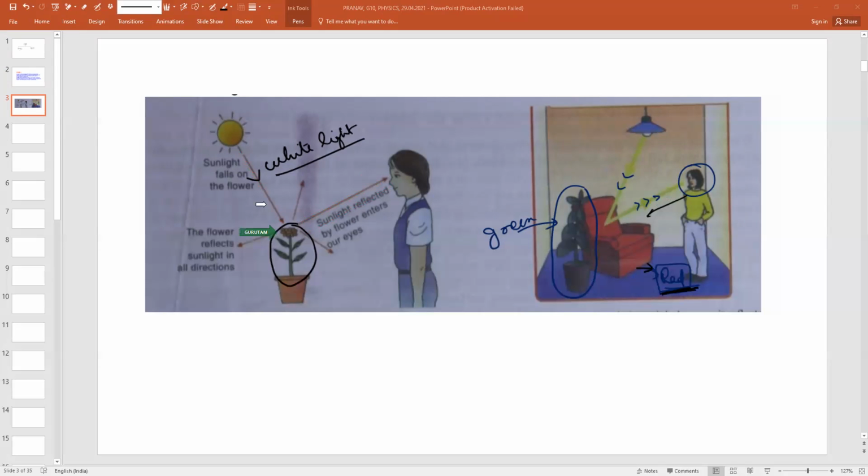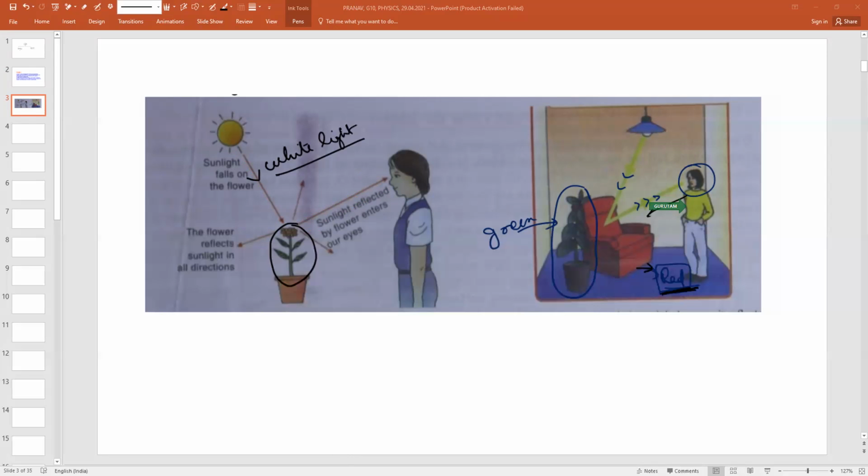White light will fall, and the object will absorb the other colors, and only the green color will reflect back. In this case, white light will fall on the sofa, and only the red color will reflect. That's the reason the girl is able to see the red color of the sofa. Is it clear with you?